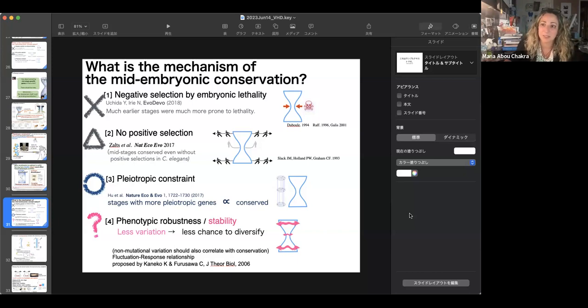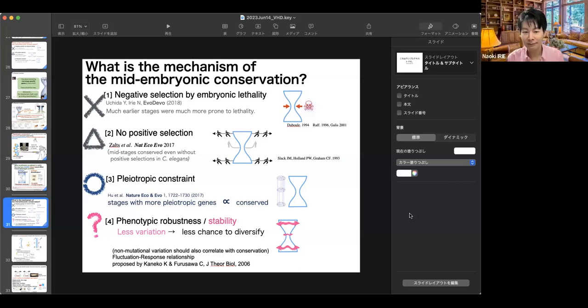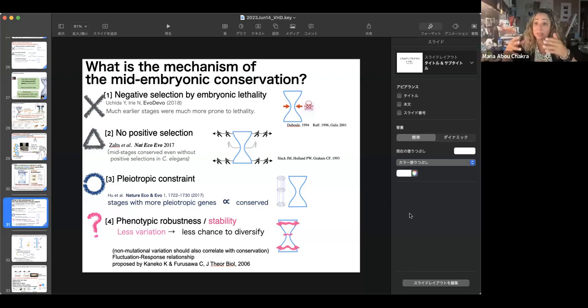This is kind of my question as before: once you have this selection at a certain checkpoint, which in this case would be gastrulation or implantation, how do you know that this constraint is not just a result from these selective processes? You're causing your own drift, essentially, by ensuring that the ones that pass the checkpoint are going to get through. So how do you know it's not just a selective process versus a conserved process?